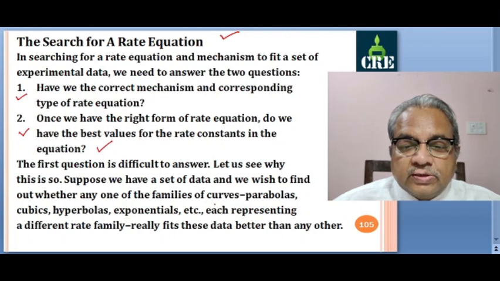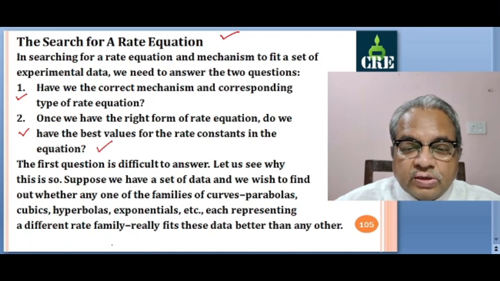If you plot concentration time data, it may be a parabolic curve, cubic equation, hyperbola, or exponential decay kind of thing, each representing a different rate family which fits the data better than another. So the best fit we'll see is the family of the fit, such as a quadratic fit, parabolic fit, exponential fit, or cubic equation.